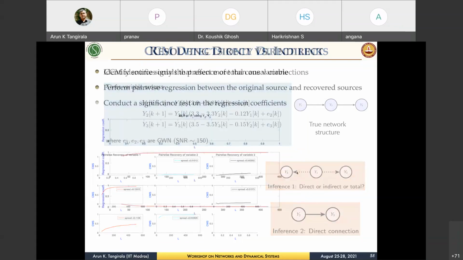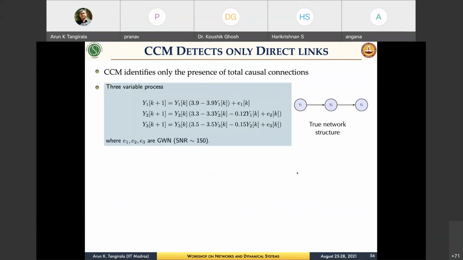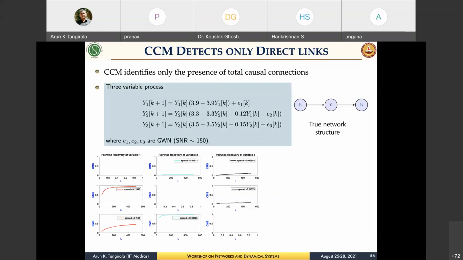So to resolve that, we proposed a regression method where you regress the original Y1 on the recovered Y1s. Remember, we have Y1 recovered from Y2 and Y3.